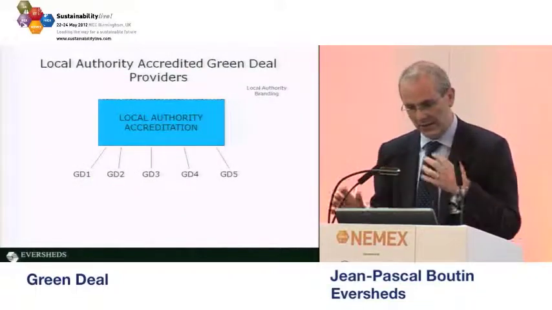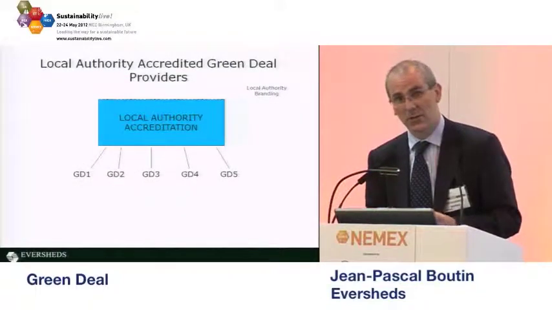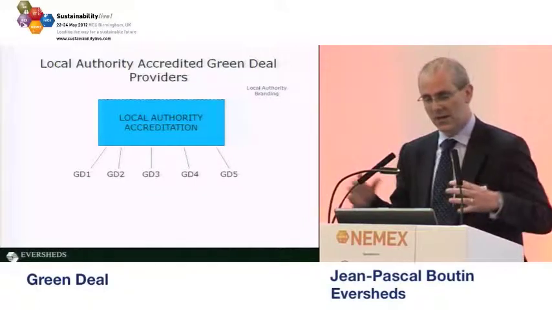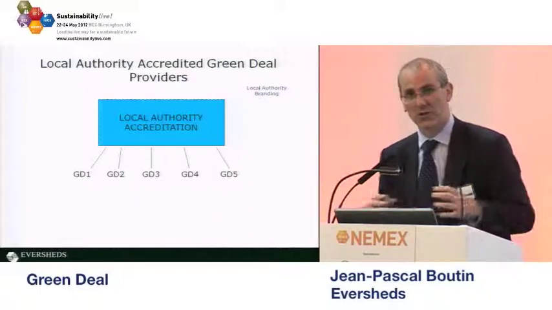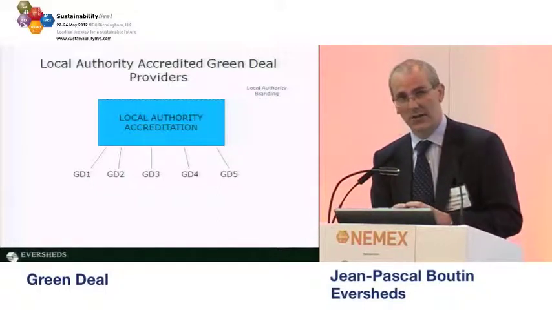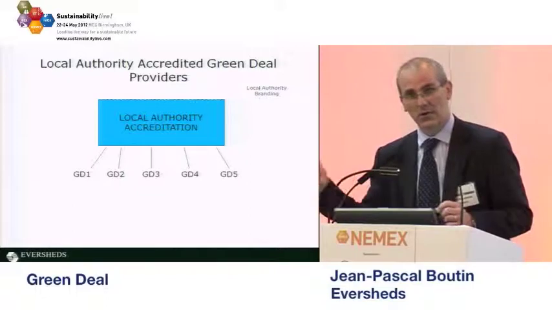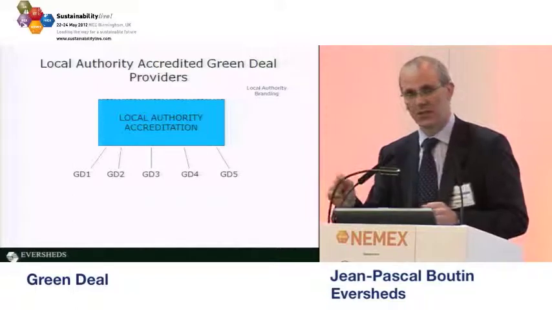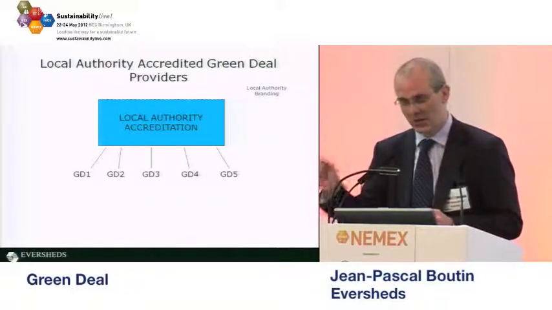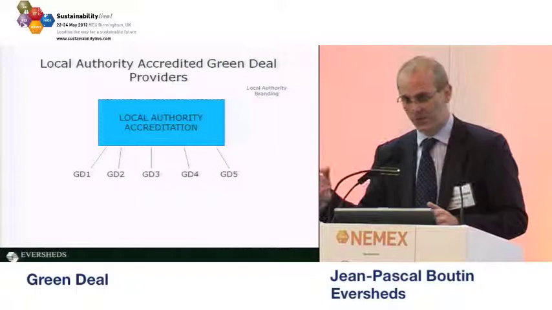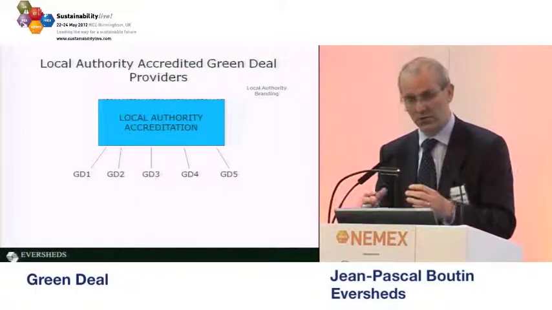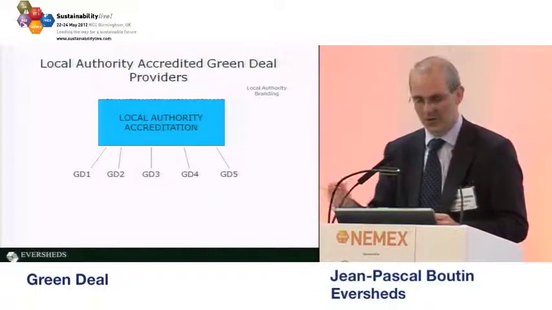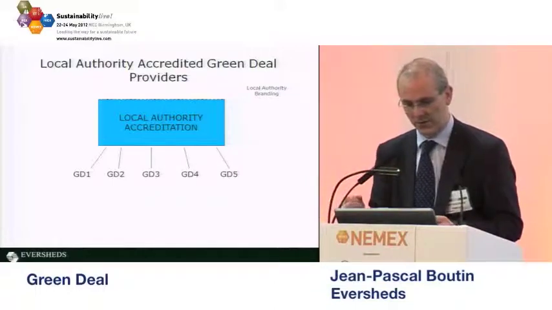So an alternative local authority type of scheme is, instead of them going out to procurement for a Green Deal provider, they will set up their own accredited panel of Green Deal providers, and anyone can join that panel, and essentially all they have to do is meet certain criteria, which will obviously include the Green Deal Code of Practice and the other Green Deal regulations, but can also include some extra local authority requirements.